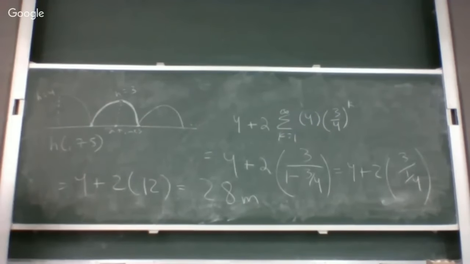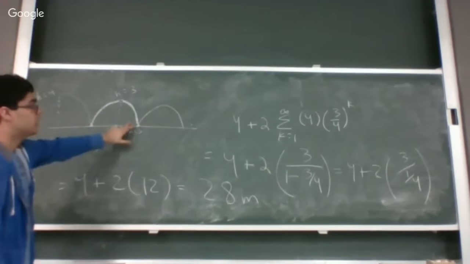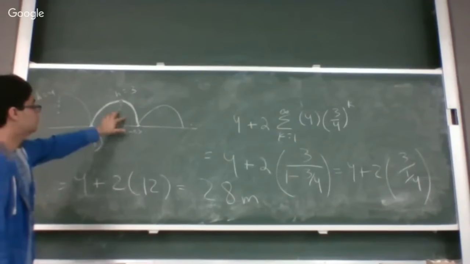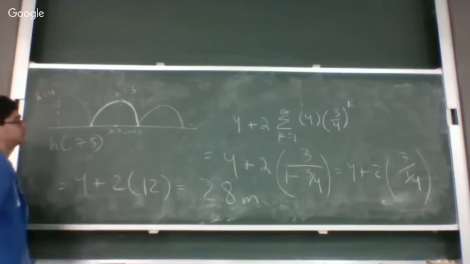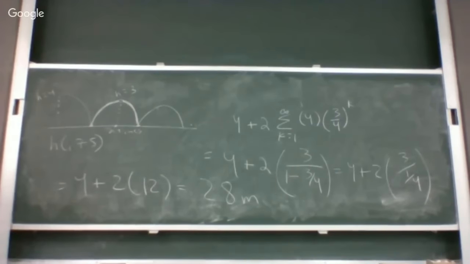So you have your starting height, but then every time it goes to the first height, we have 4 times 3/4 for that, and that correlates to 2 heights. Why is it raised to the k? I understand why you need to multiply by 4, why you need to multiply by 3/4.